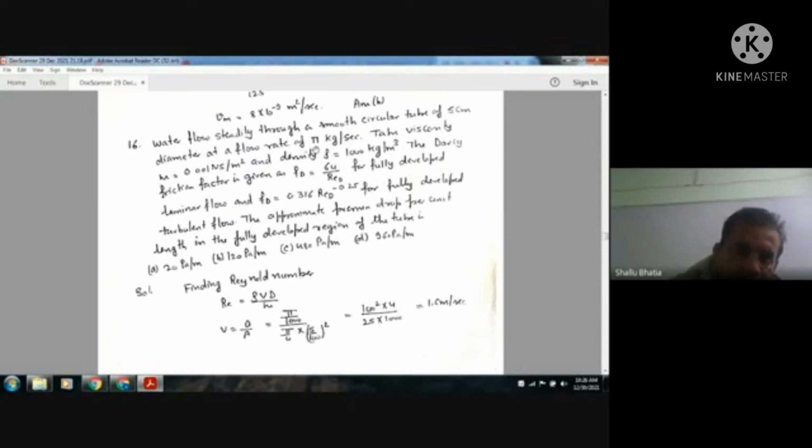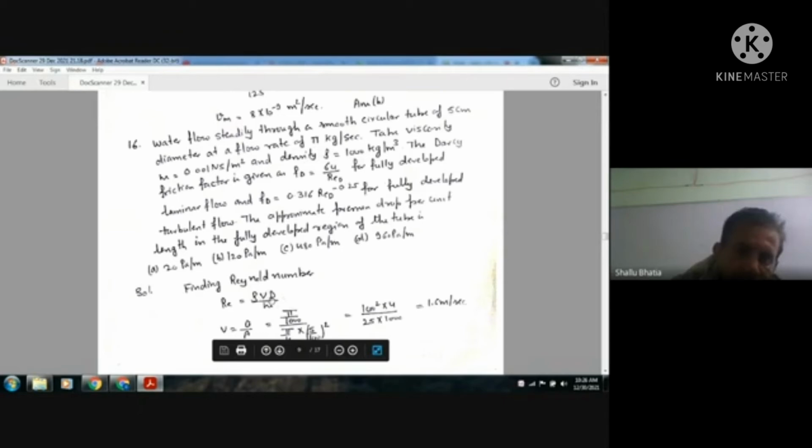As the water is flowing, the volume flow rate of water is 5/1000. So this is Q, and this is area. So we can find out velocity, and now we have velocity, we have diameter.